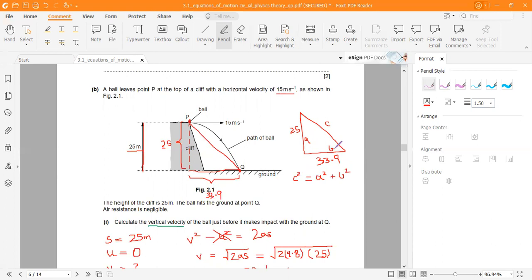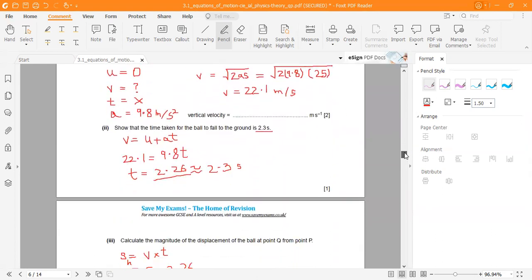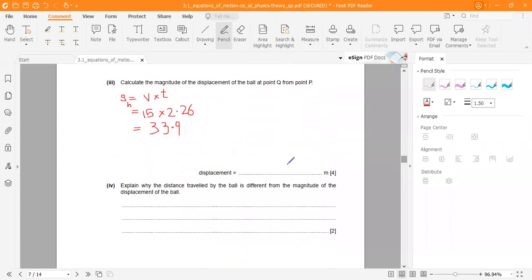Let me see. 33.9 square plus 25 square, square root of that. Yeah, I'm getting 42.1. So we know that the final displacement is basically 42.1 meter. This is my answer.